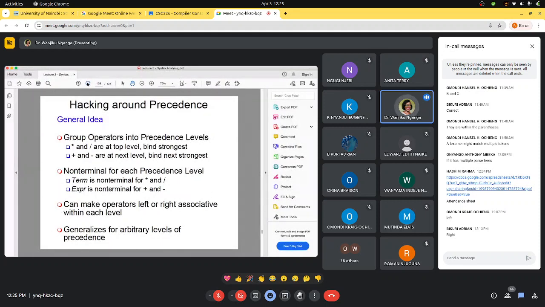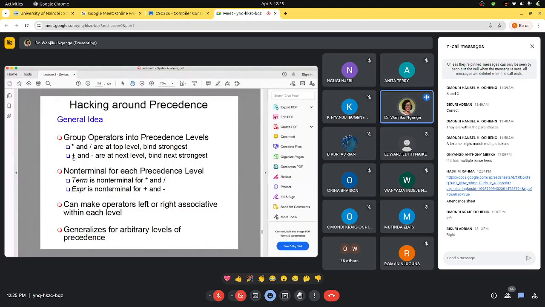Once you find your grammar is ambiguous in terms of precedence, this is what you're going to do to remove ambiguity from lack of specified operator precedence. The general idea is that you create precedence groups, and we group our operators into those levels. So for instance, times and division would be in a group on their own.